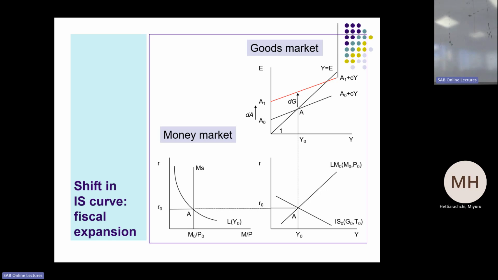So this is our savings. It's upward sloping, that depends on the income, the disposable income Y minus T. So based on that we can derive the investment-saving IS curve. We note it is downward sloping, negatively sloping.